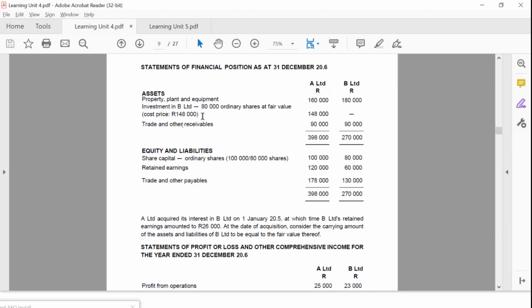Guys, this is the crux of consolidations. You need to understand this. Study unit 5 is actually everything that we have studied before. Nothing changed except that this is a wholly owned subsidiary, and study unit 5 is a partly owned subsidiary, but it's the same principle.